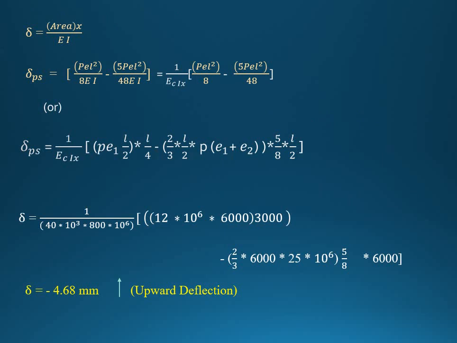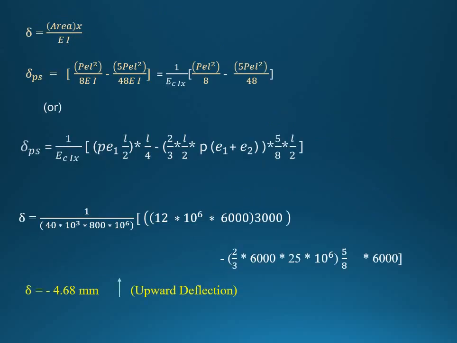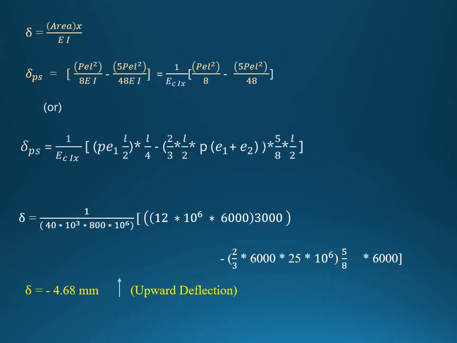We know that the area of the parabola is 2 by 3 into length into height. Here, length is L by 2, height is PE1 plus PE2. This is the area, into the centroidal distance of the parabola, which is 5 by 8 into length. Here length is L by 2, so 5 by 8 into L by 2 is the formula.